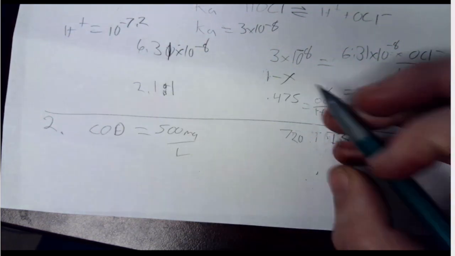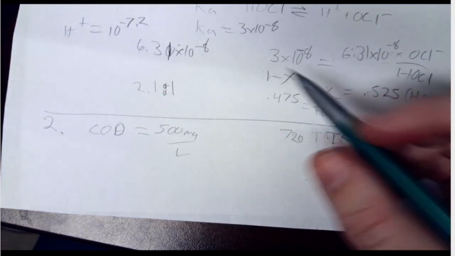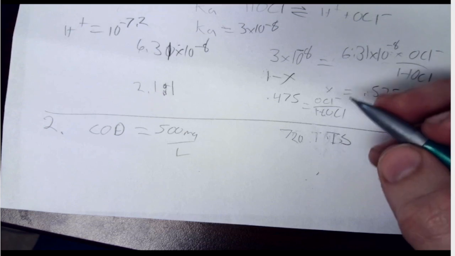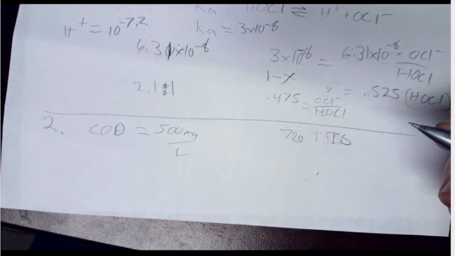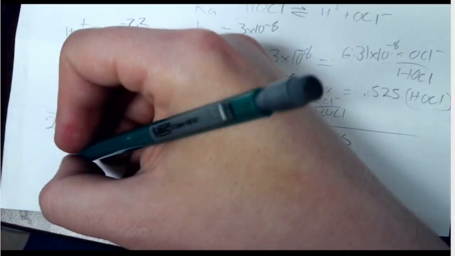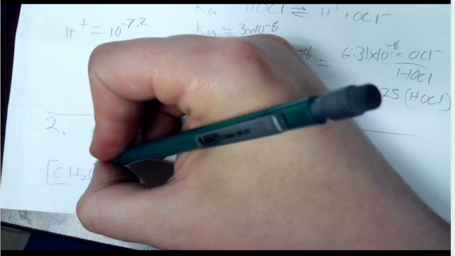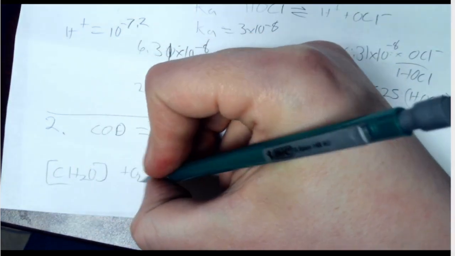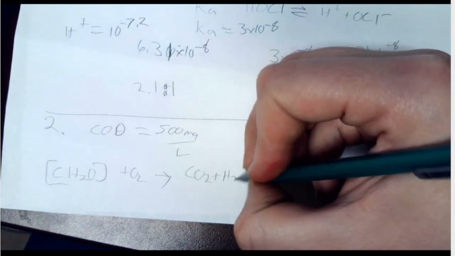So we need to convert the chemical oxygen demand into millimoles of oxygen per liter and calculate the oxidation rate. Basically our reaction is biomass plus oxygen converts to CO2 plus water.